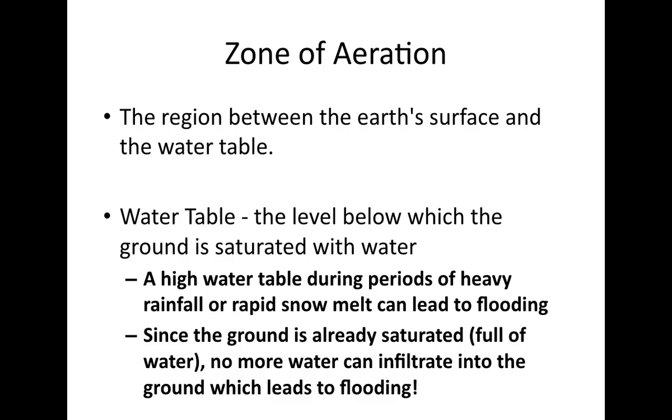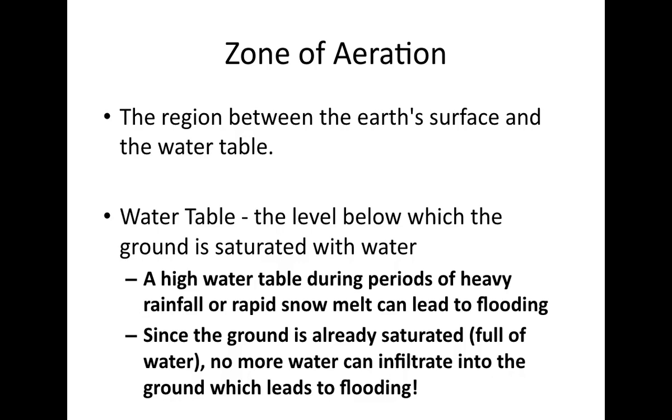Below, okay? So a high water table occurs during periods of heavy rainfall or rapid snowmelt, which can lead to things like flooding. Since the ground is already saturated, which means it's full of water, it can't hold any more, okay? No more water can infiltrate into the ground.